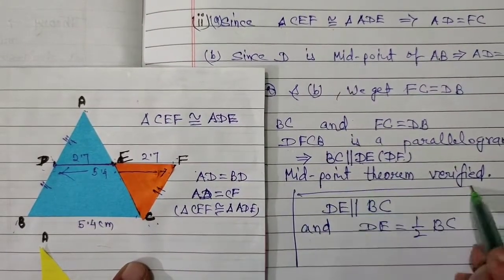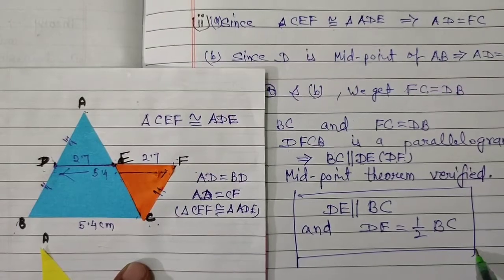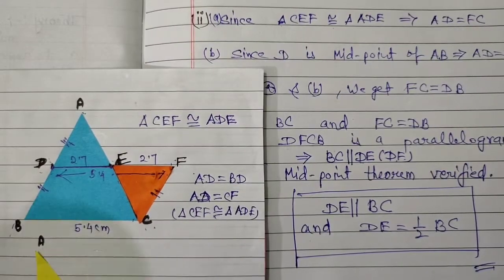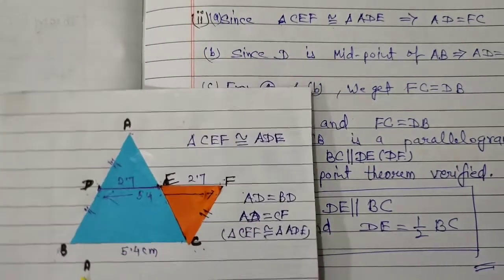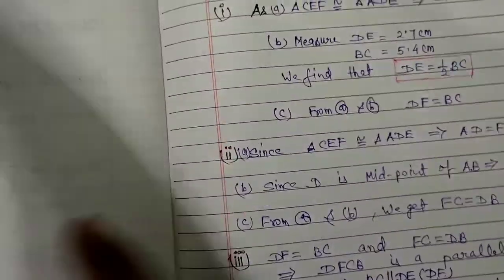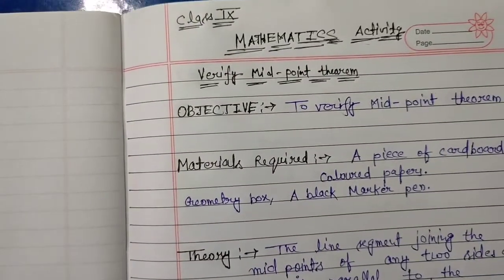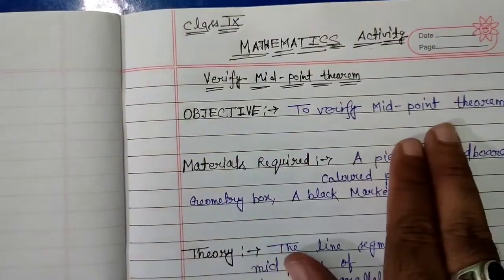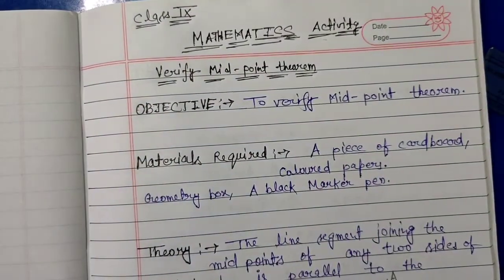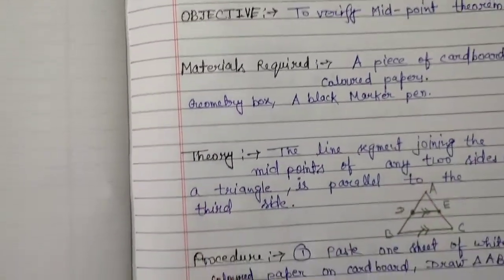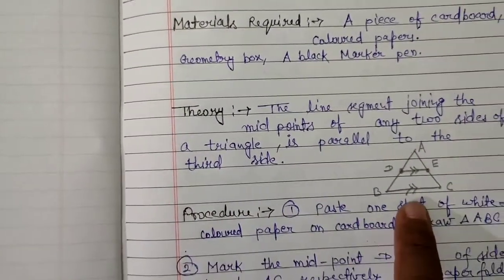This is the thing which you must remember and which we have verified through activity. Thank you very much, and you can write it. I'm just showing you once again. You have to write this in your activity copy to verify midpoint theorem. Material required, theory part is this one which I explained you here.